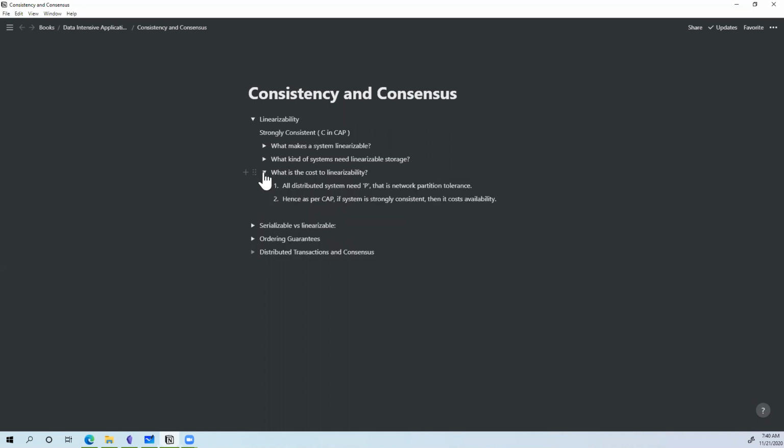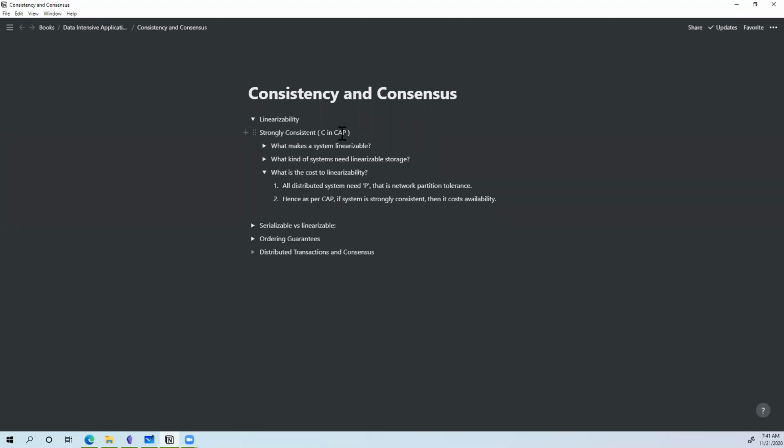The last thing is, what is the cost of linearizability? We know the CAP theorem, right? C is consistency, which is linearizability, A is availability, and P is network partition tolerance.